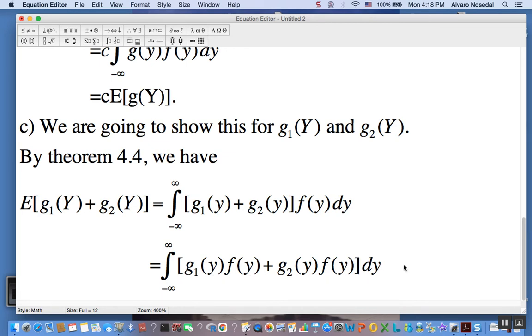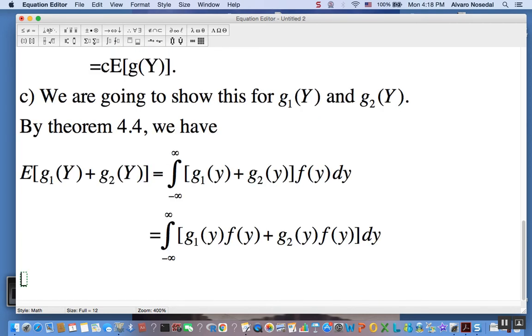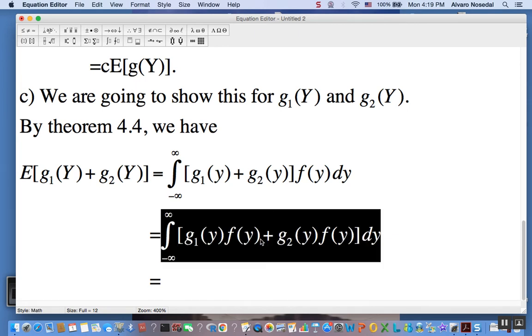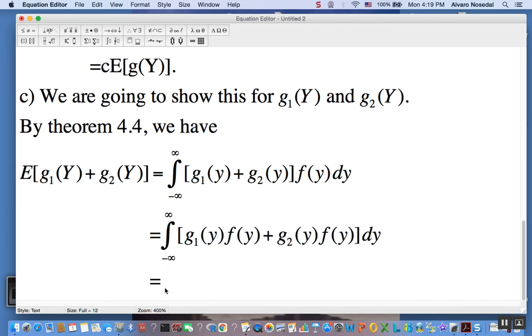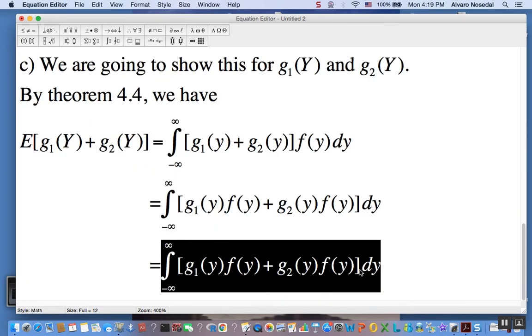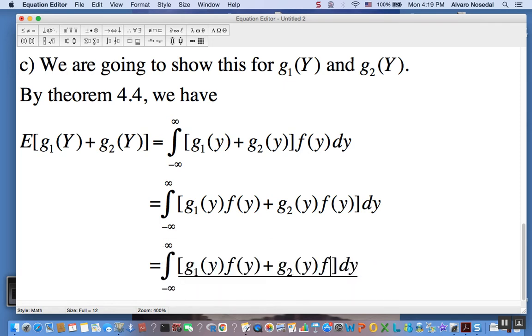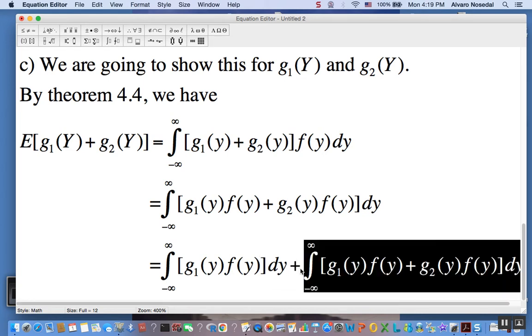Next, note that by the linearity of integrals, we have the integral of a sum is the sum of integrals, right? So let me rewrite that integral like this. It would be this guy here, the first one, plus the second one.